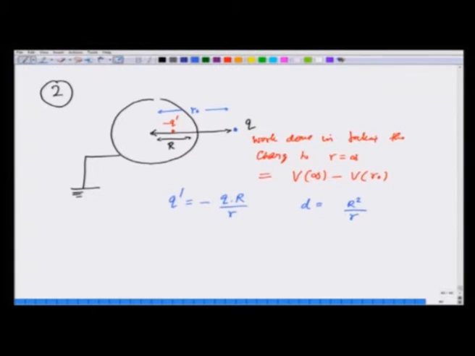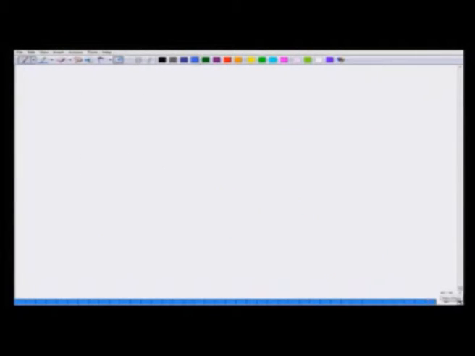Therefore, the distance between q and q prime is equal to r minus R square over r, which is equal to r square minus R square over r.